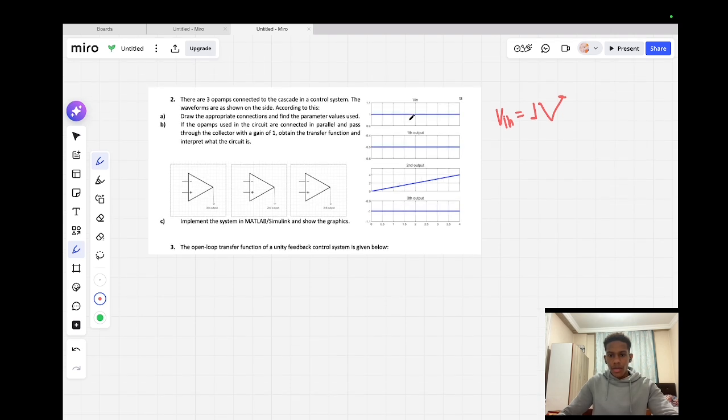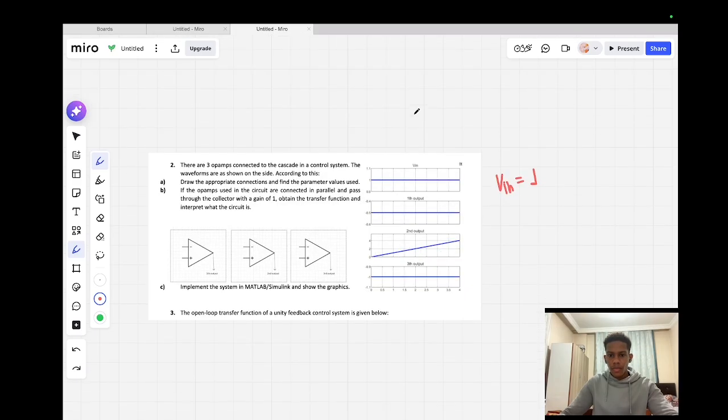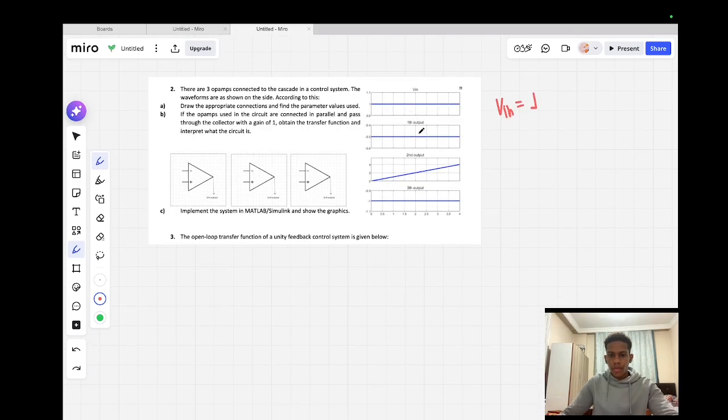In this figure, in the first stage, the output will be minus 0.5. So Vout1 equals minus 0.5.